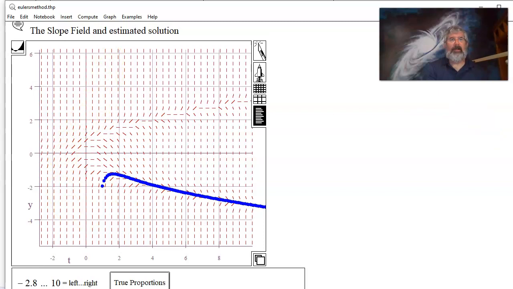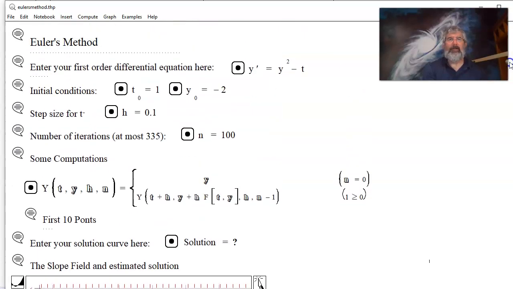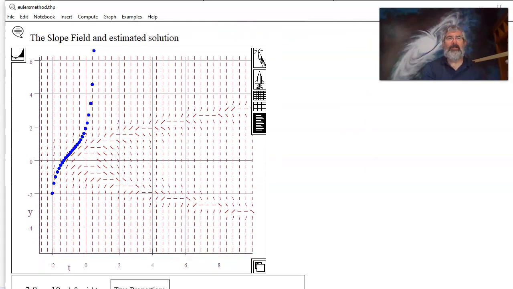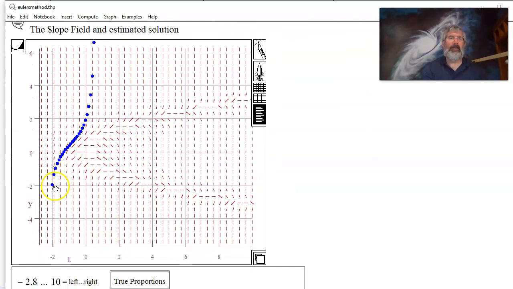Let's see. No, this point over here would be -2, -2. Let's try that. Starting point at -2, -2. Once you've got this set up, you can just try different initial conditions to see what different solutions look like. Sure enough, that sort of skirts around. There's this parabola in here, and it just kind of skirts around it, heads on up to infinity.